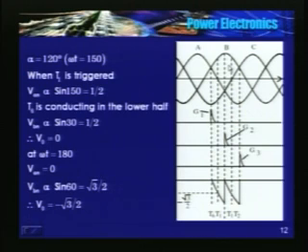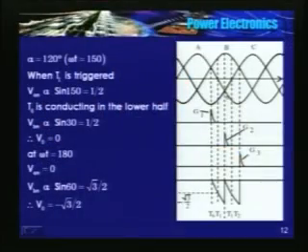And what is output voltage just prior to triggering T2? Just prior to triggering T2, output voltage is still VIN minus VBN. VIN has become negative, it is sin 210, minus also, and VBN is sin 90.